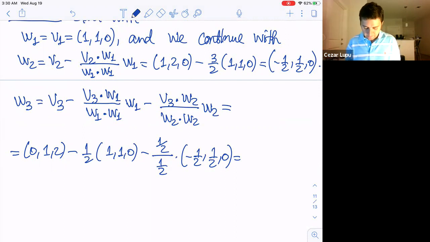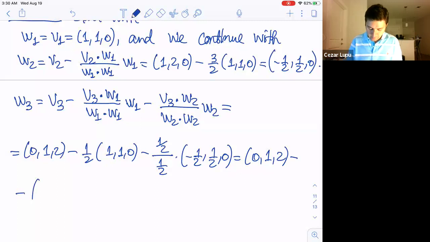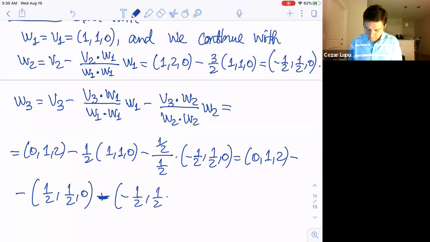And finally, this will give us 0, 1, 2 minus 1/2, 1/2, 0, minus negative 1/2, 1/2, 0. In any case, this is 0, 0, and 2.